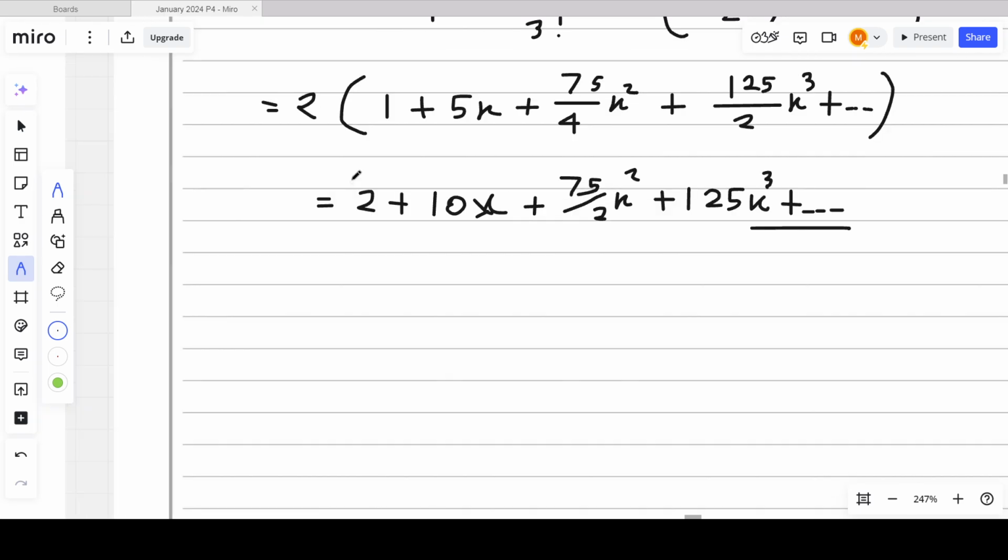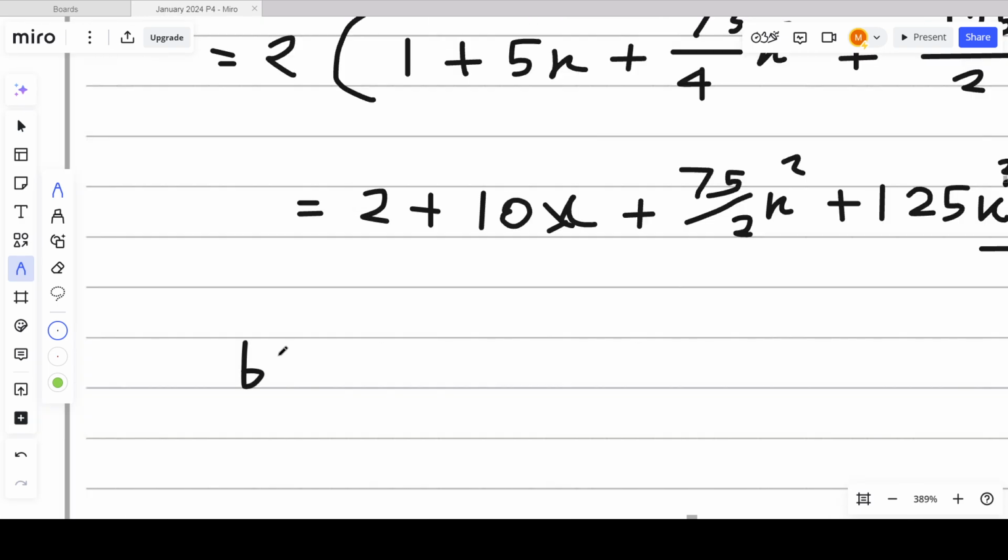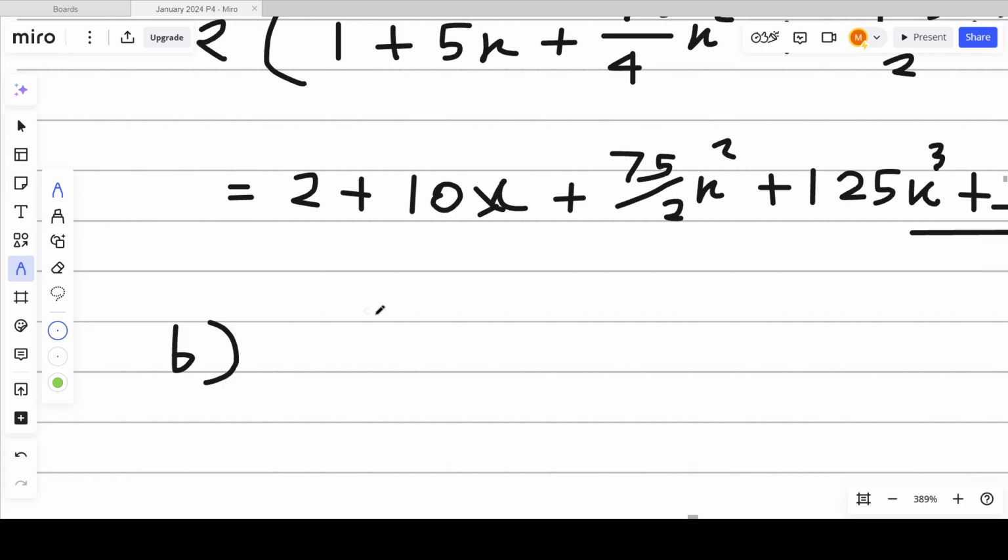So for part B, to be convergent, we need to consider the modulus of the second term, the modulus of negative 5x. Since it is modulus, it will cancel out the negative, right? So modulus of 5x should be less than 2.